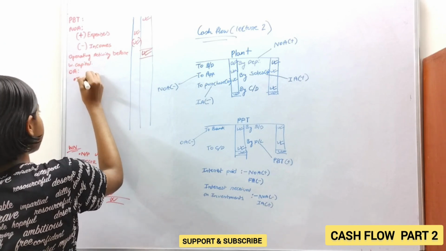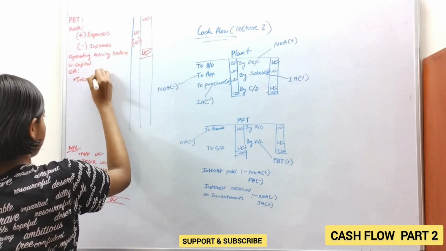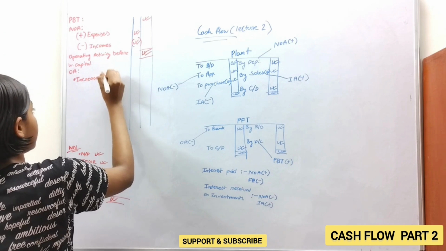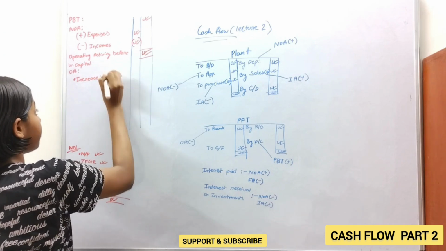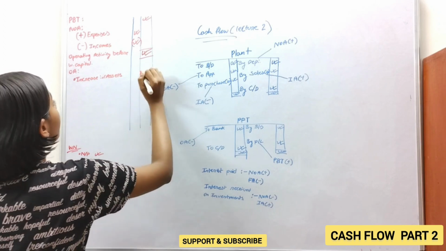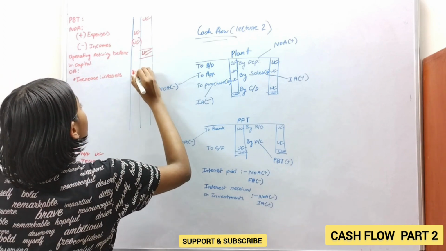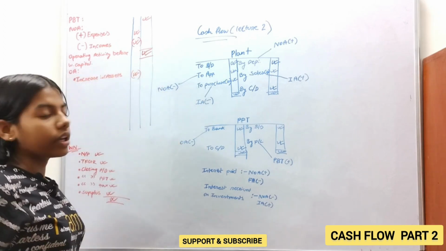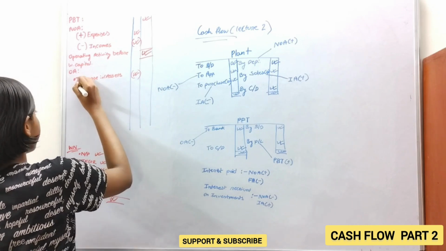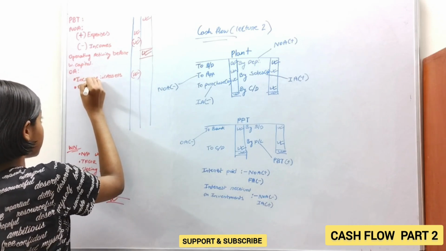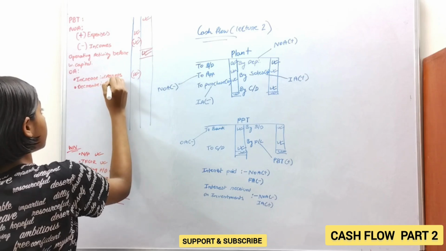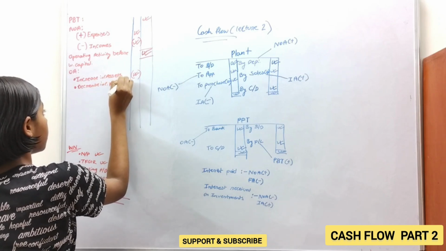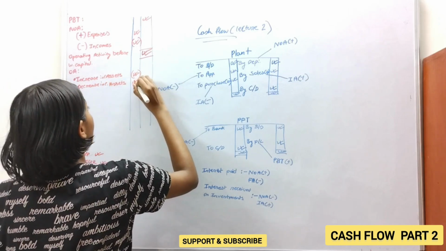If there's an increase in assets, specifically current assets, we'll less the amount, and if there's a decrease in assets, we'll add the amount.